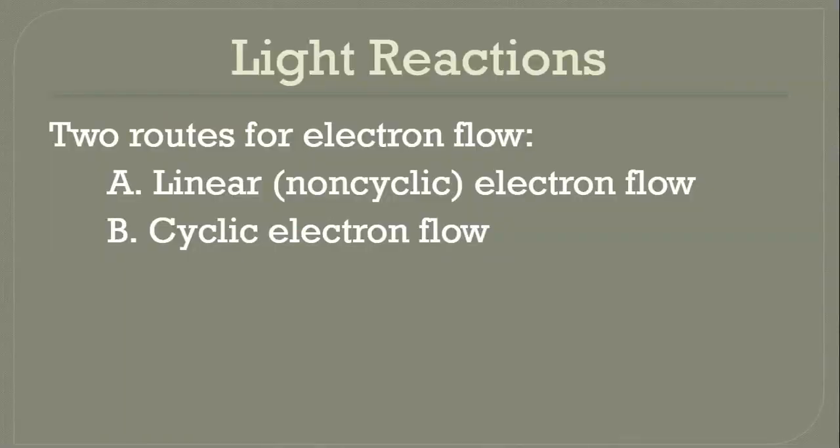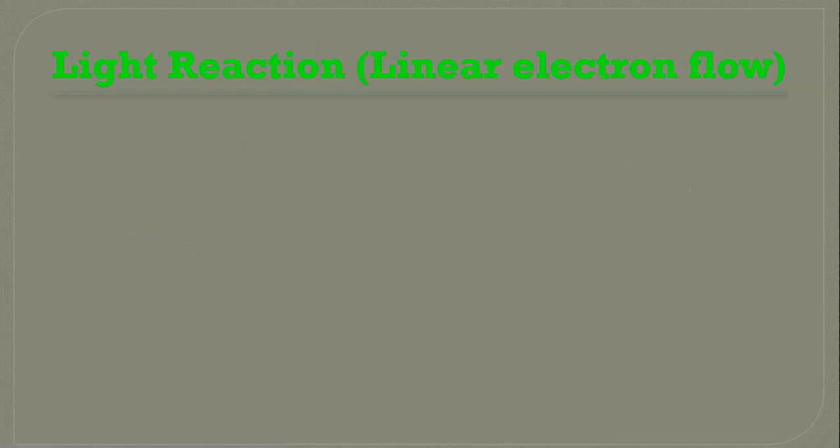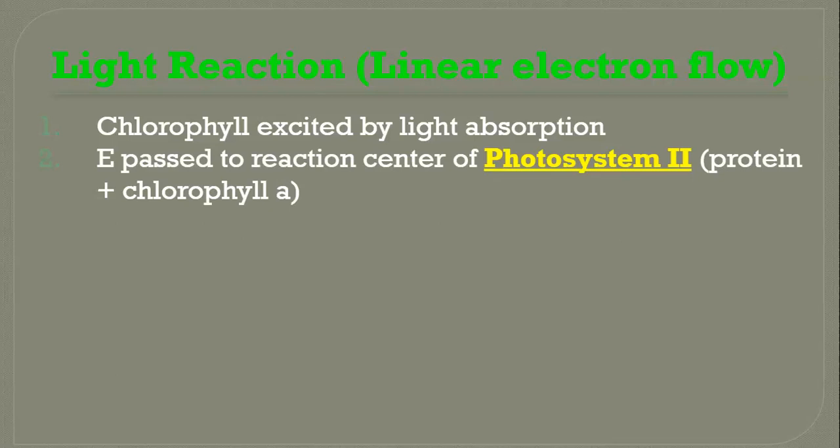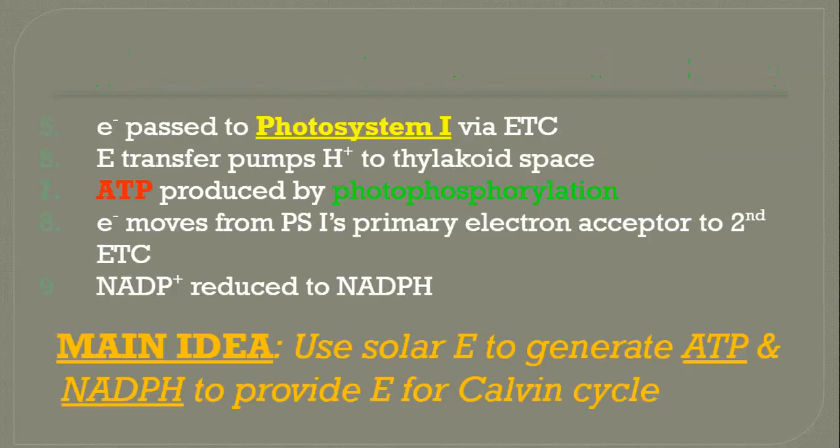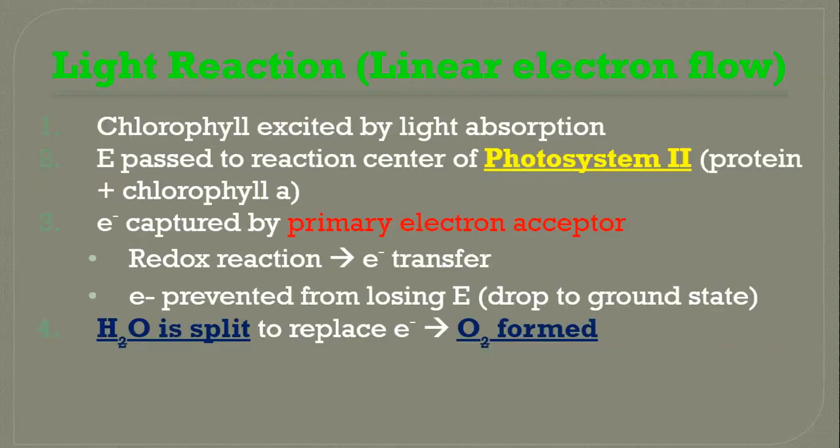Electrons can flow linearly, which is kind of the overall photosynthesis process that we're used to studying. They can also flow cyclically. So we're going to focus on the linear portion because that's really what is happening in terms of the photosynthesis that we talk about. Chlorophyll gets excited by light, which is always the very first thing.